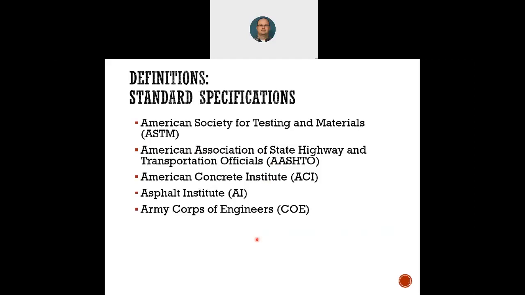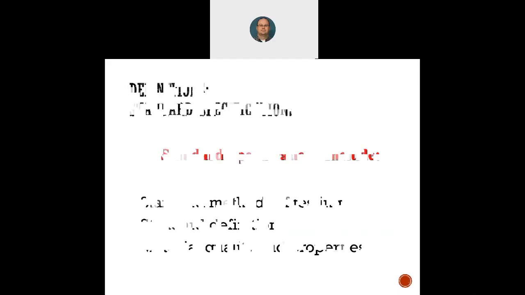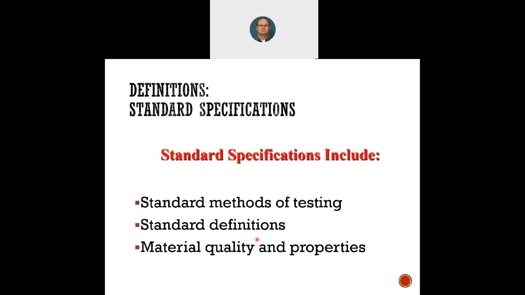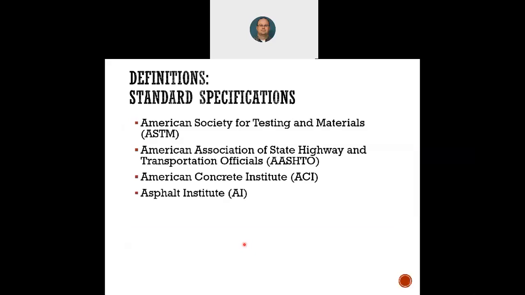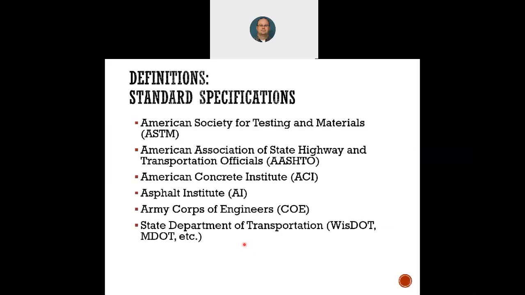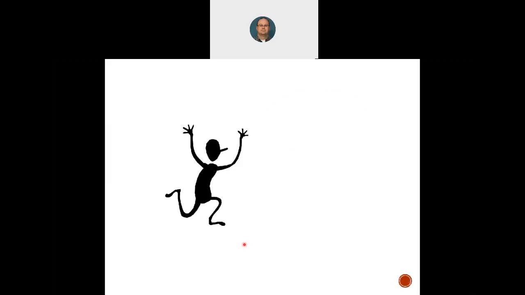So remember, standard methods of testing, ACI, ASTM, standard definitions, and material quality and properties. Those are all in our standard specifications. So basically, we need something to go by. So we're all designing from the same information, okay? All right. And that is it for the slide here.